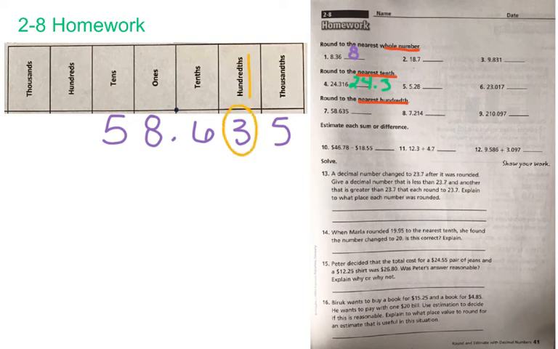Then we look for the number immediately to the right, which is 5. If it's 5 or greater, we round up to 4, and if it's 4 or lower, we round down to 3. Because 5 is 5 or greater, we round up, so our answer is 58 and 64 hundredths.